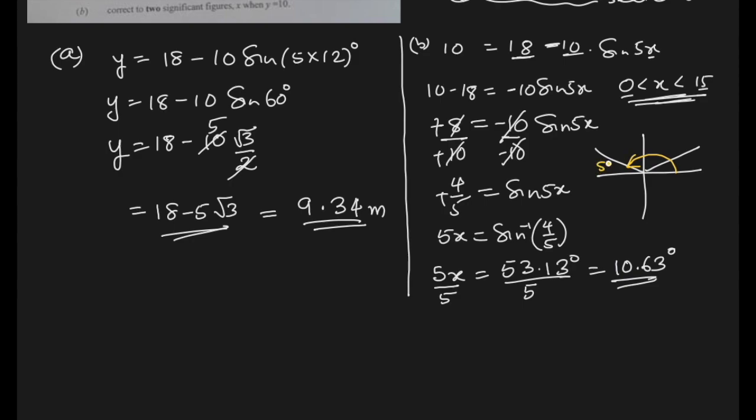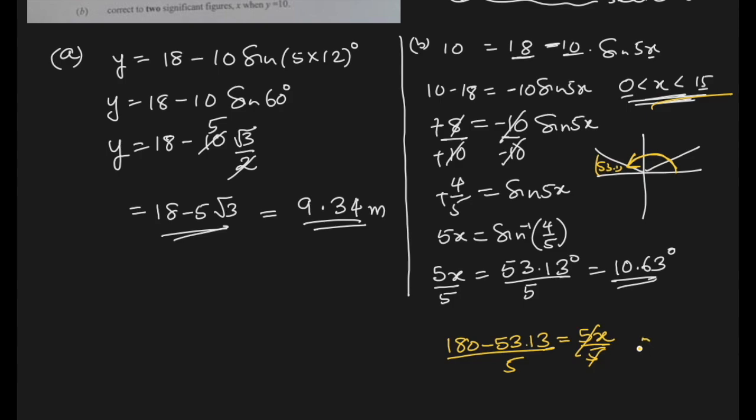So this is 53.13, this one, right? So this angle will be 180 minus 53.13, which is equal to 5x. Divide by 5. Let me see if it is equal to something between 0 and 15. 126.87 divided by 5 will be 25 and plus, and it is much more than this.